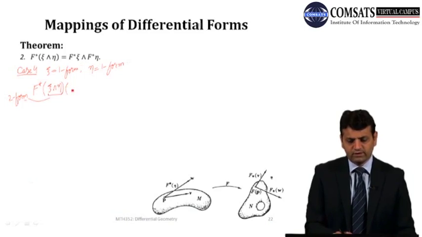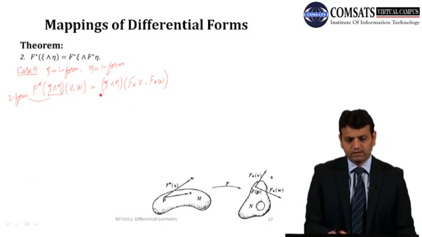So we take this pair of vectors v and w, and this becomes a two form. And we saw how to define the pullback of a two form. So this is defined as xi wedge eta of f lower star of v f lower star of w.